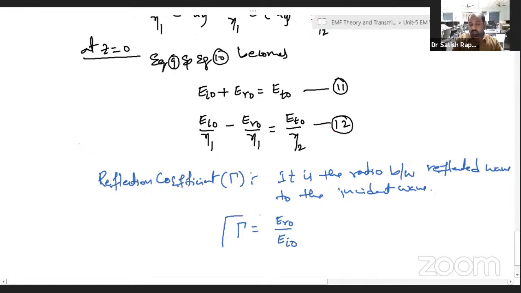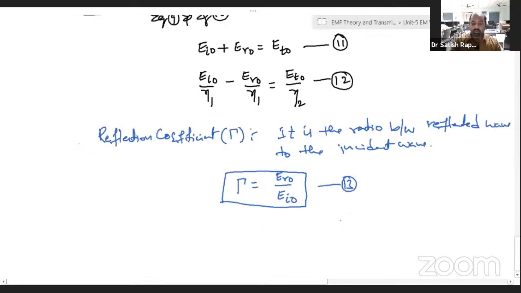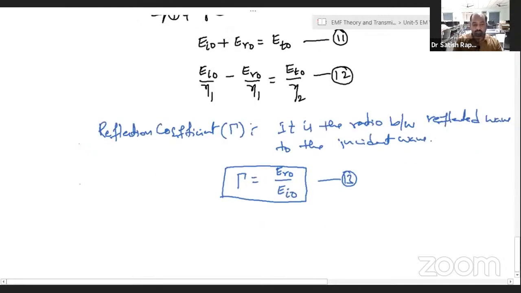So this is the reflection coefficient, and let us say this is equation 13. Similarly, transmission coefficient. The transmission coefficient is denoted by tau.